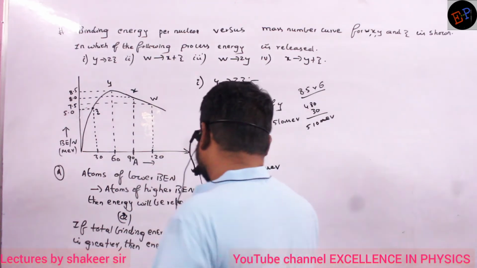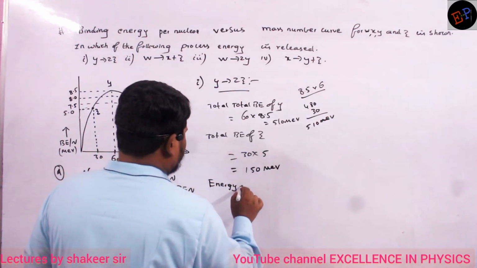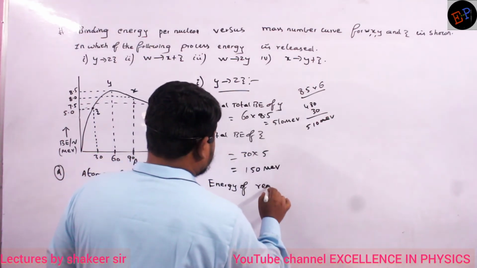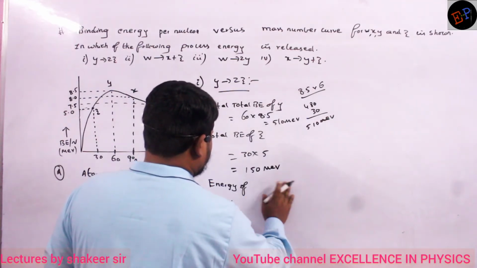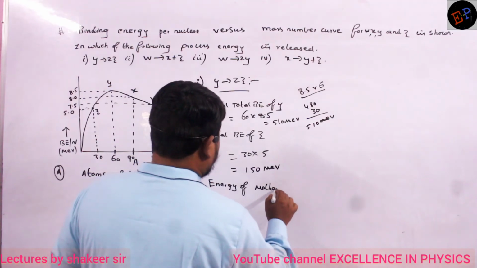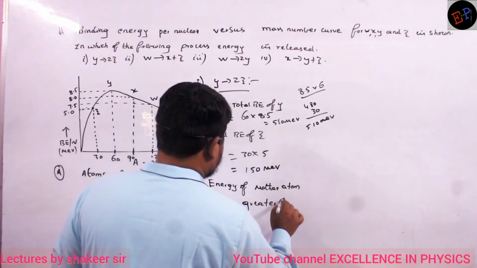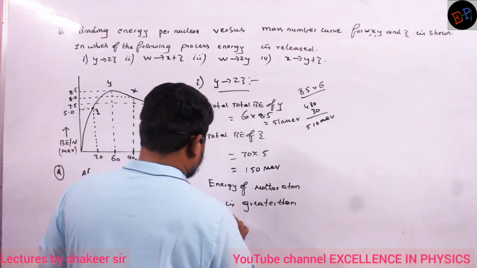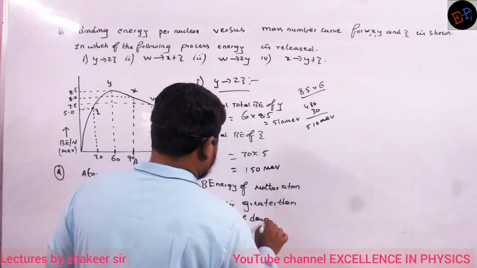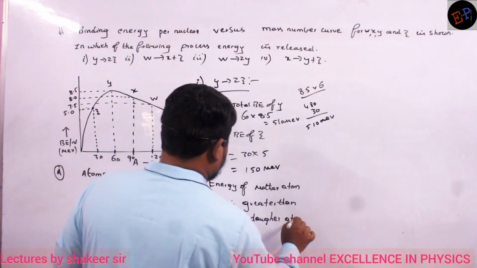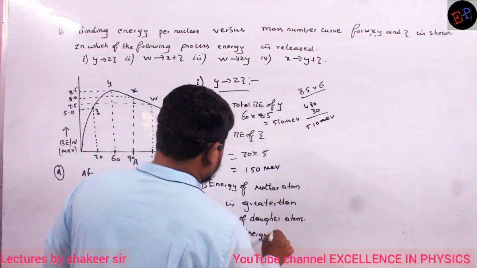So in this condition I can say that the binding energy of the reactant, you can call it the mother atom, is greater than the binding energy of the daughter atoms. So energy is not released.